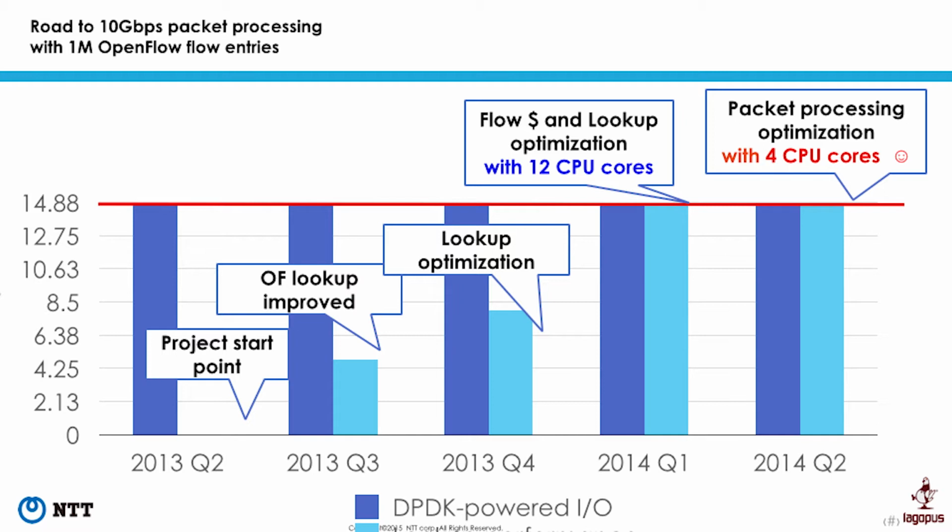So from the fourth quarter of 2013, we could achieve 10G wire rate using the many high performance techniques described in the previous slide.